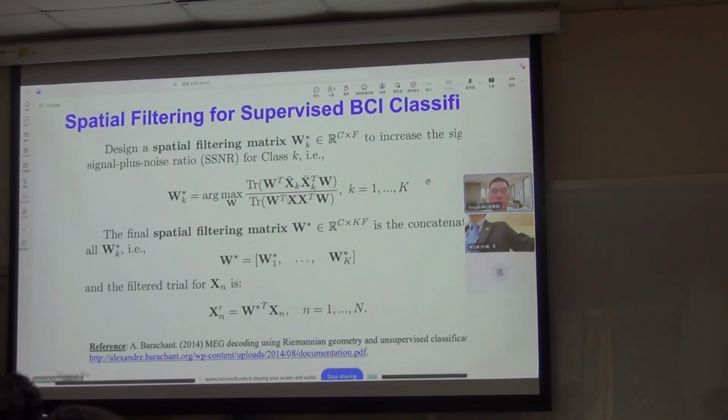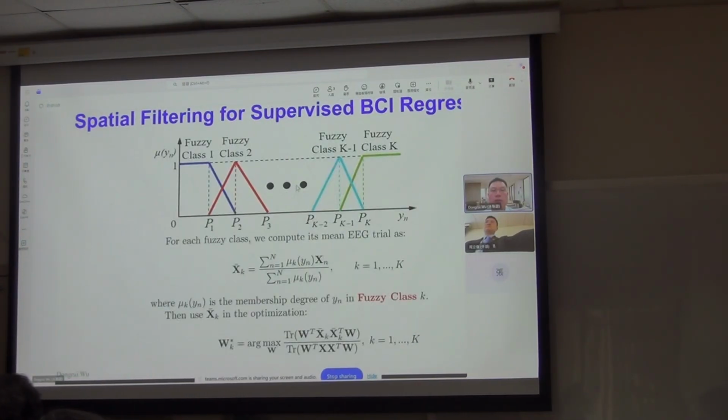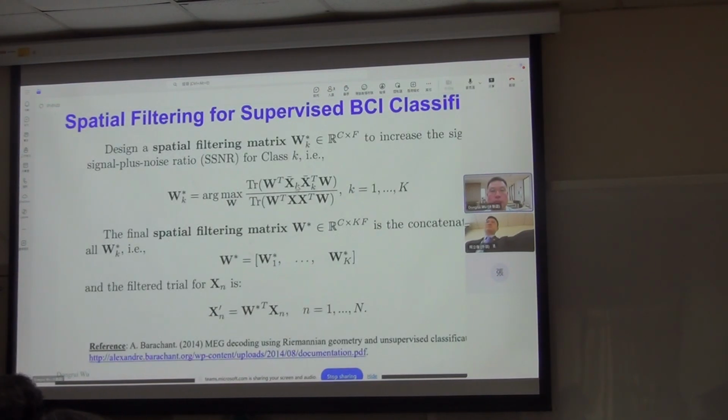Note that in the original common spatial filtering computation, we need to compute the mean EEG trial for each class, which is this X bar k in the numerator here. For classification problems, we can easily compute the mean EEG trial for each class, but for regression problems, we do not have the concept of a class, so it is very difficult to compute the numerator of the original equation.